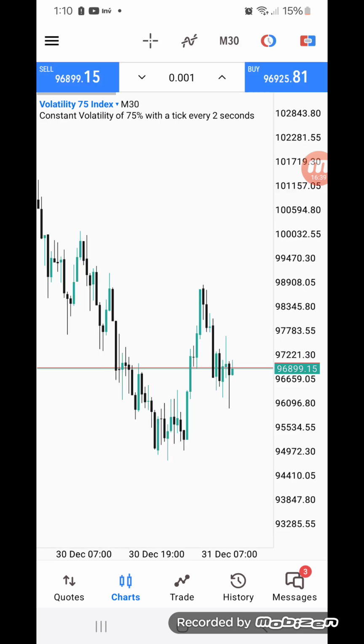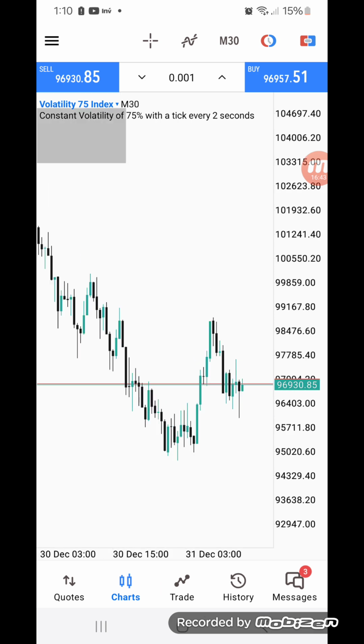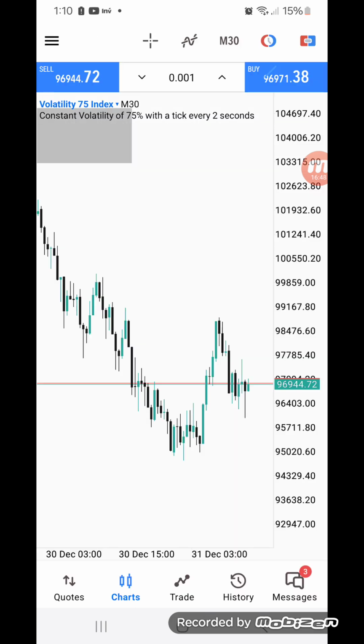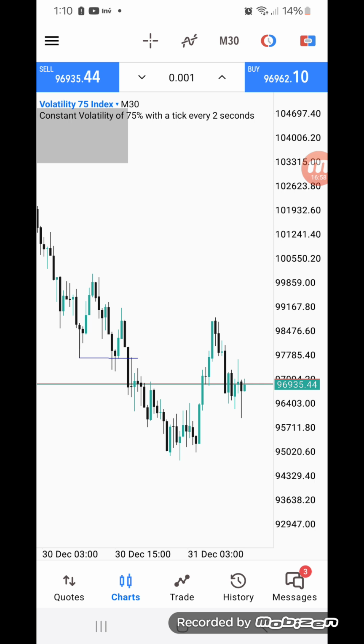Let's go to the 30-minute time frame. On the 30-minute time frame, I can spot a tiny break of structure. You can see that's a break of structure, and then price continued going down, and it had to do a little bit of wipe, and then went back to the range.